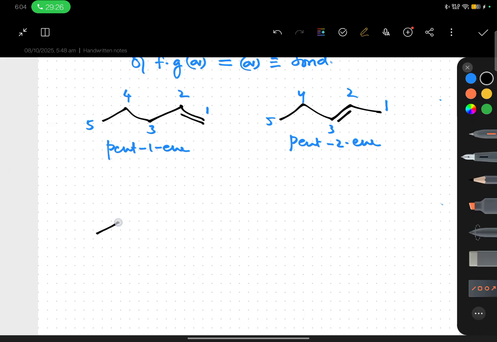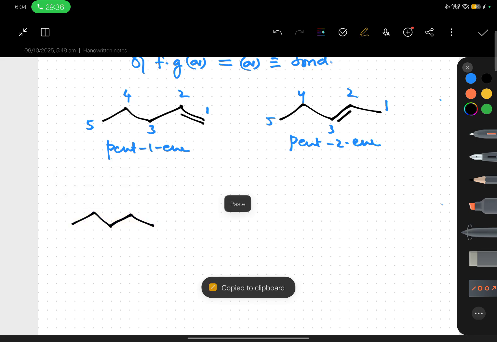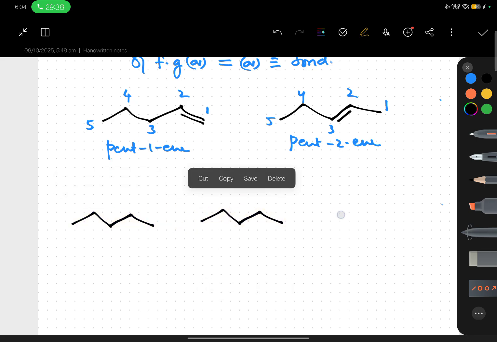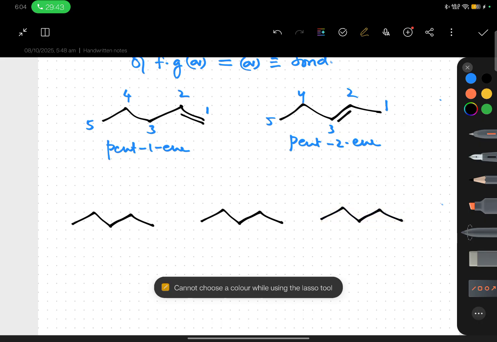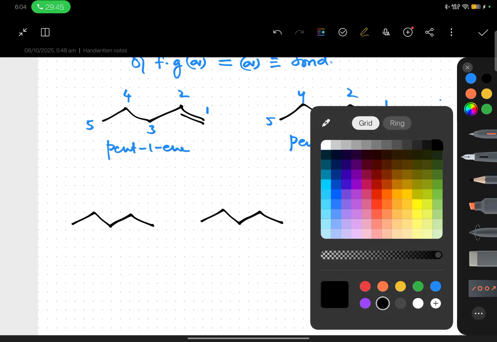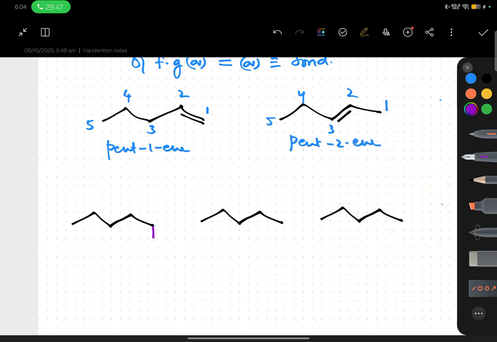Or you can have something like this. Same pentane. So this is 1-chloropentane.